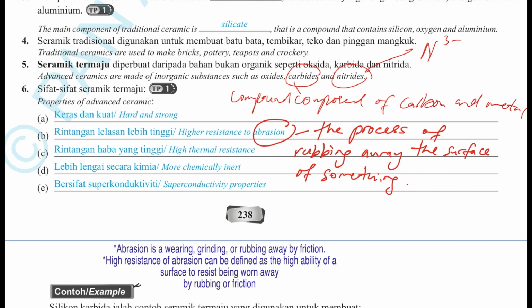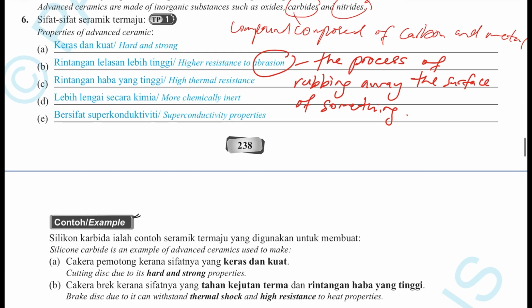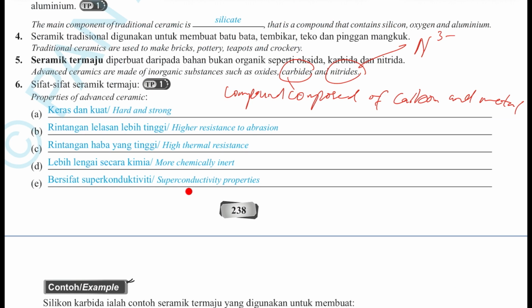Okay, high thermal resistant, more chemically inert, superconductivity properties. Ingat lagi pasal superconductor tadi. It allow the flow of electricity at zero resistance. Maksudnya sangat bagus untuk alihkan elektrik.